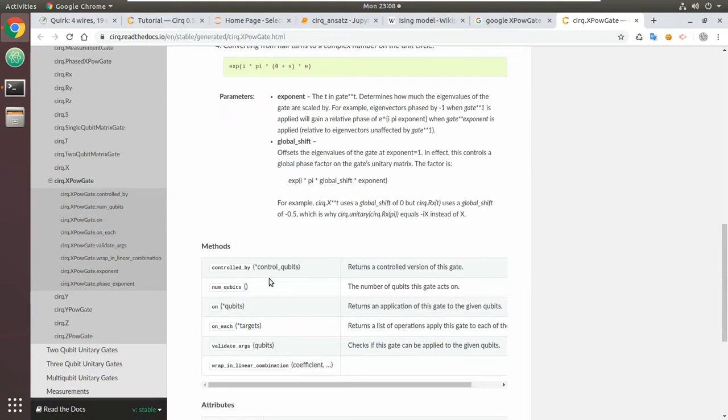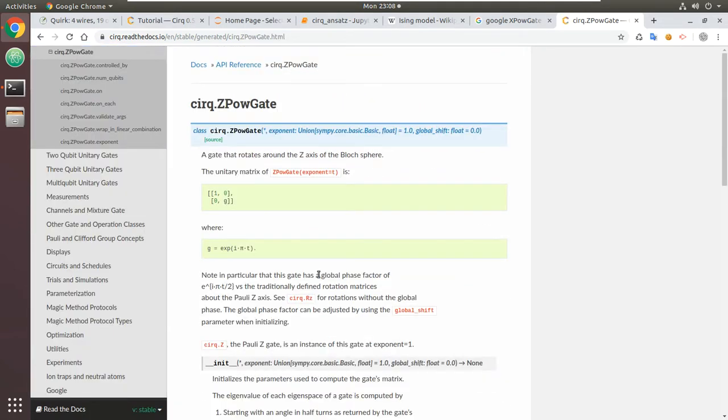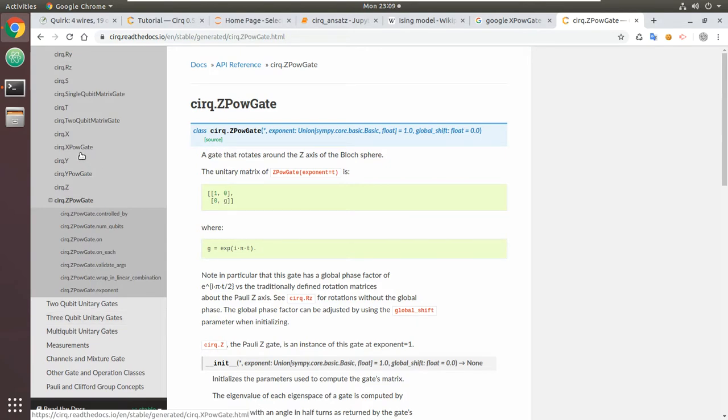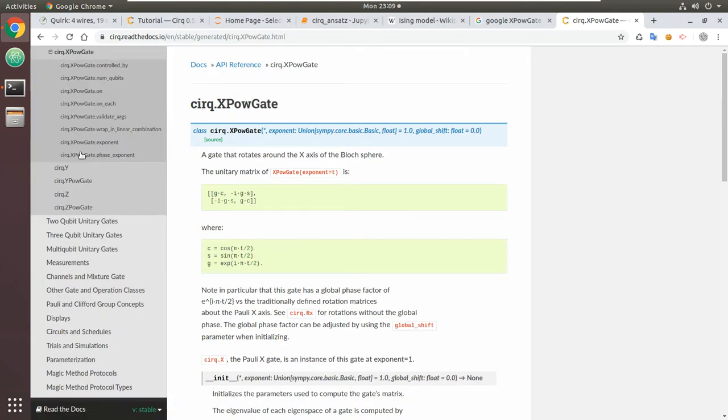X power gate, and the Z power gate is around the Z axis of the Bloch sphere. The unitary matrix is these, and then g is the exponent. And for the X power gate, it's these in here.